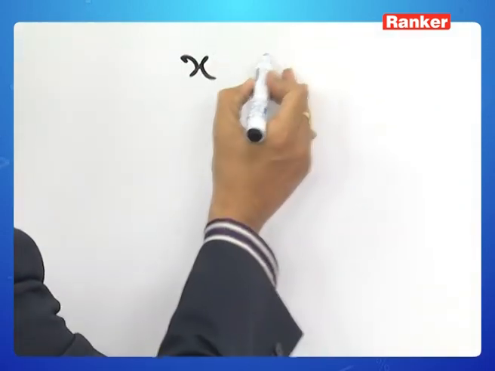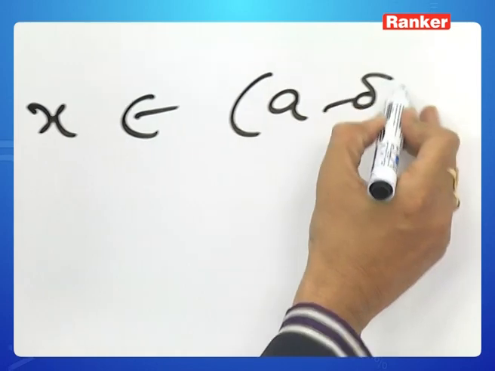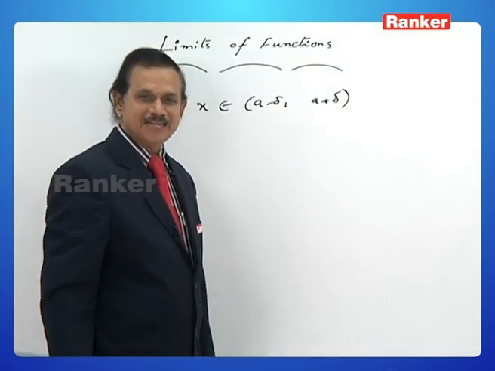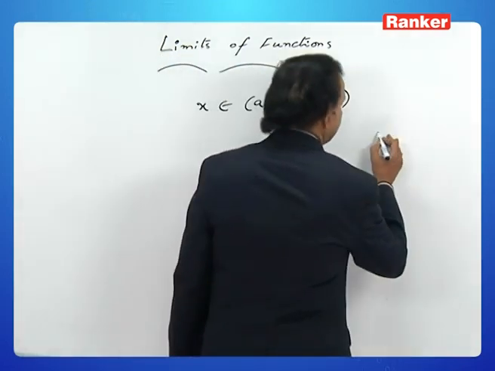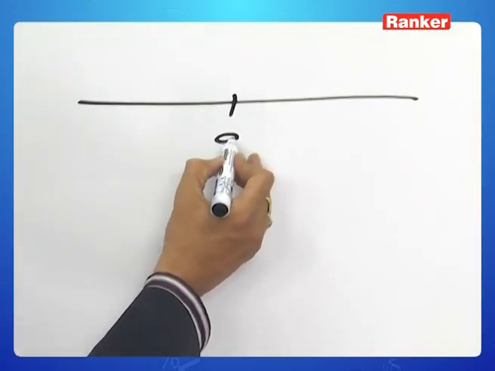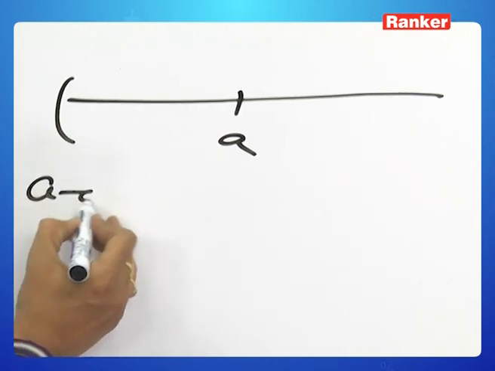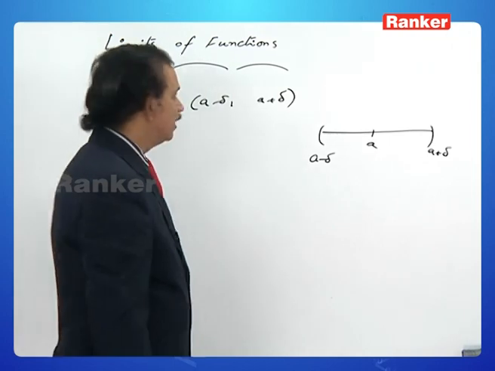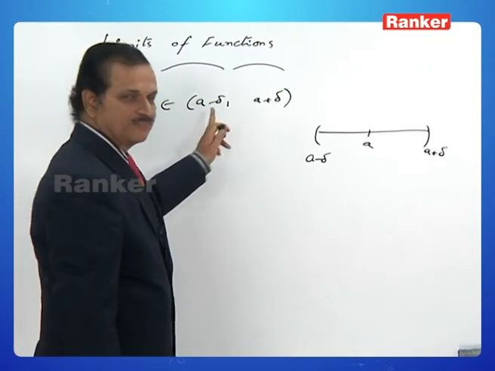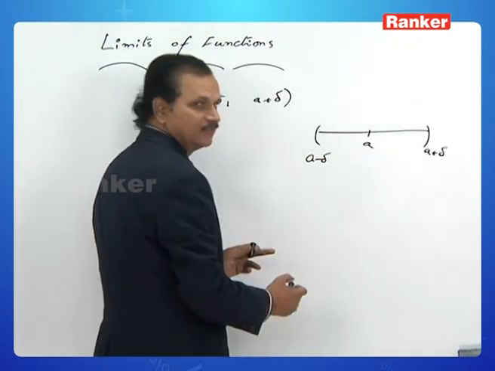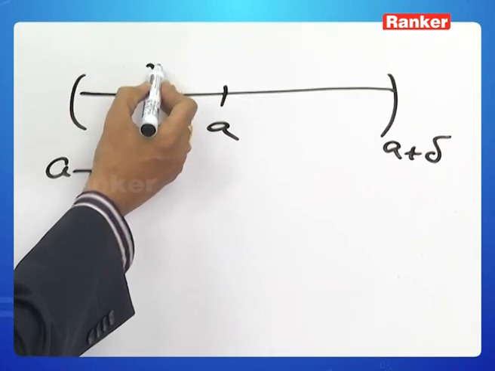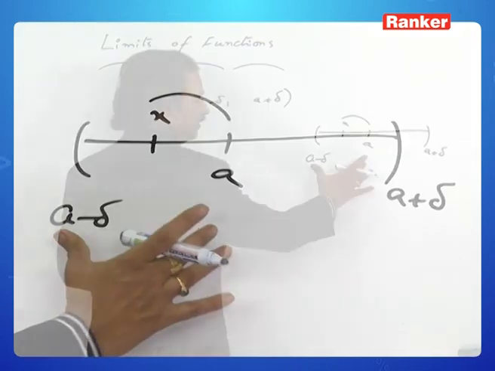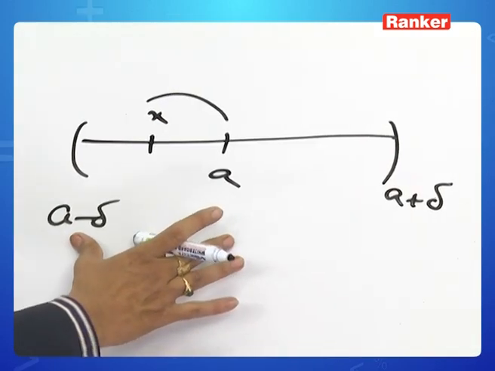Suppose x belongs to a minus delta to a plus delta. What do you mean by that? X belongs to this neighborhood. What does it mean? X is in this space. If x is here, what is the distance between x and a? Mod x minus a. It is less than this distance, delta.